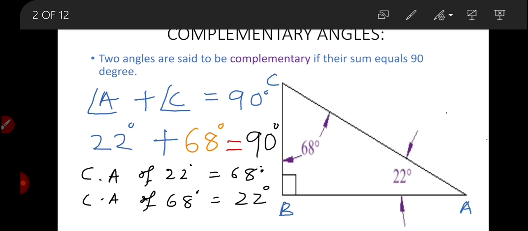So, when the sum of two angles is equal to 90 degrees, then we can say they are complementary.